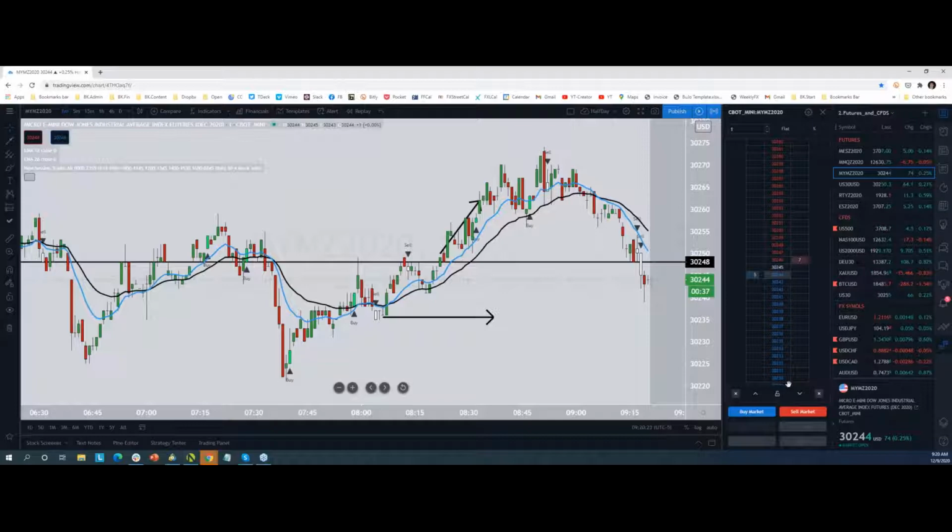Do you move your stop or just wait for take profit? Martin, the absolutely best way to trade, doesn't mean that's what we do, because it's always a work in progress, is to set your stop, set your target, and just, as I say, walk the F away. Walk away from the chart, walk away from the trade, let the trade resolve itself. 9.5 out of 10 times, it's going to resolve your way.